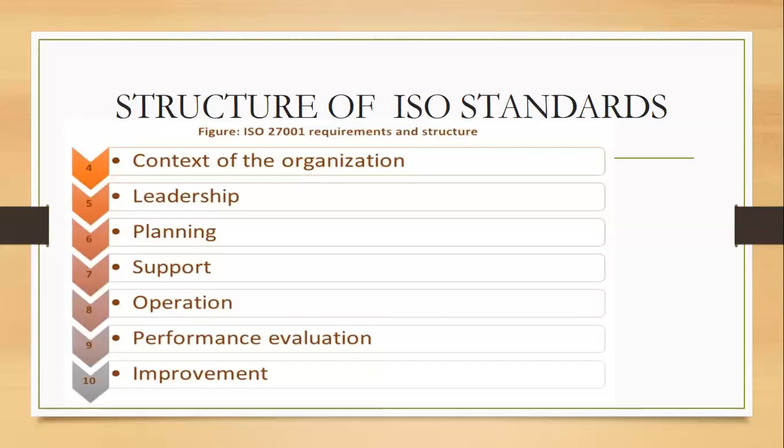Clause 7.4, show me evidence of communication, internal communication, external communication in the organization. Clause 7.5, show me the documents. The mandatory documents are in order, they're secured, they're protected, they can be easily retrieved, they're communicated. That is what clause 7.5 is talking about.